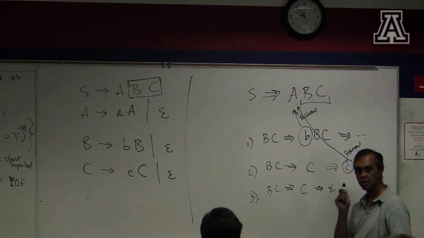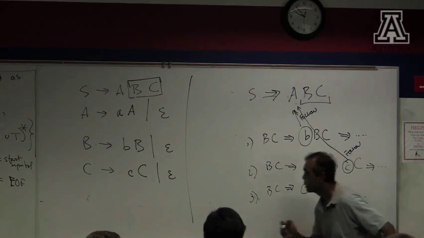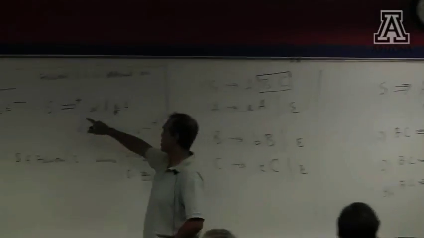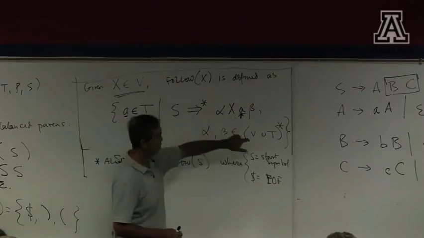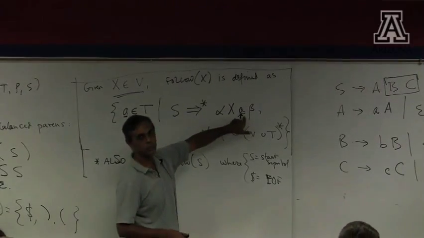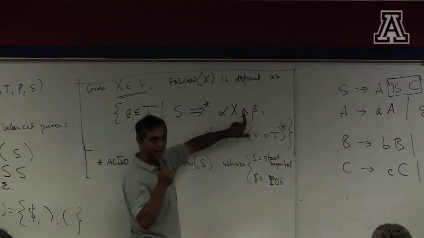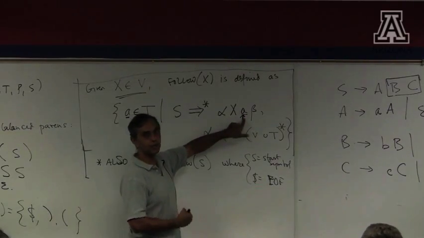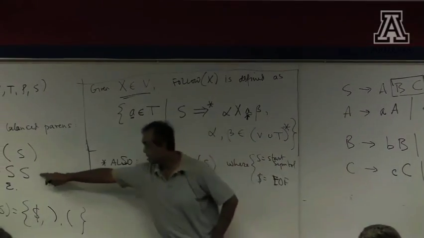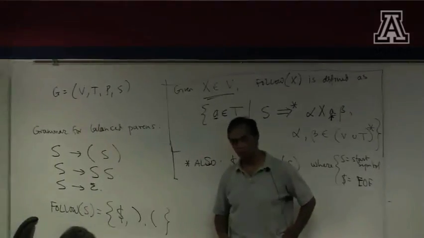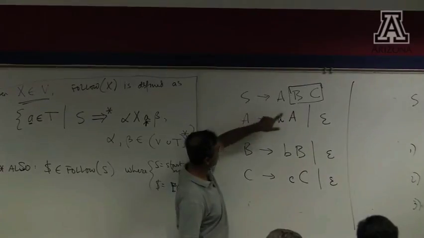Okay? But the key point that I want to emphasize is that while the definition of a follow set says that, starting from the start symbol, just think of everything that you could derive, and look at the tokens that could show up to the right of the variable you're interested in, that's the follow set. Well, in practice, computing it is not as straightforward. And we've seen that in these examples. We've seen that left paren should be in there, but it's not obvious from looking at it. So the question we ask is, here's a production.